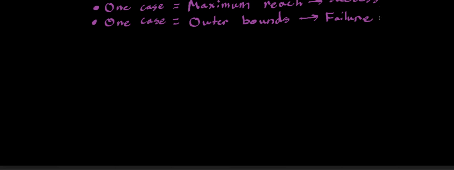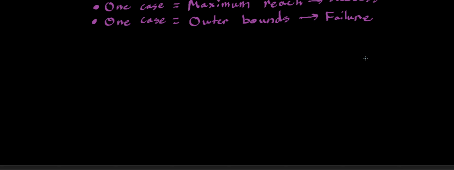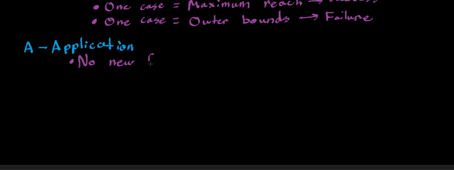So now that we have dealt with the rule and explanation section, let's talk about the application section. So your application section will flow fairly naturally if you keep in mind two rules. That in your application section, you want to have no new facts.